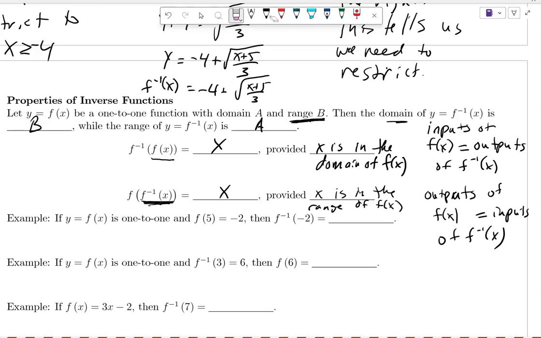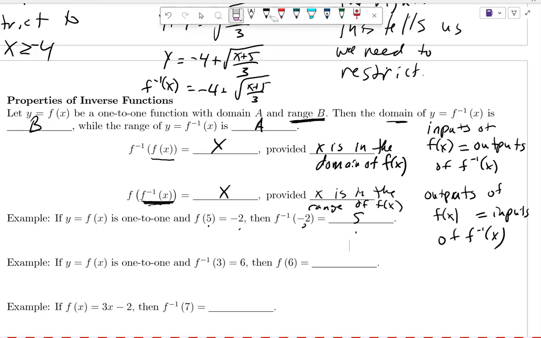So if I want to undo the process, what do you end up with at the end? 5. It undoes, flips it around, right? Again, this is just an illustration of inputs become outputs, outputs become inputs, right? Input of the original, output of the original. Input of the inverse, output of the inverse.